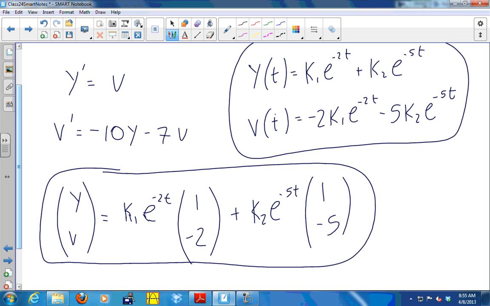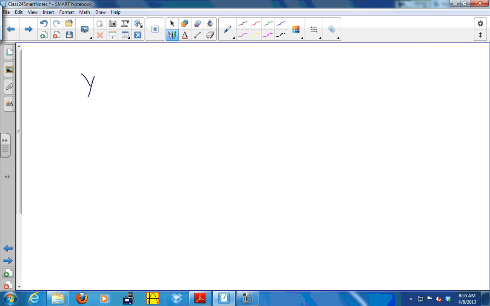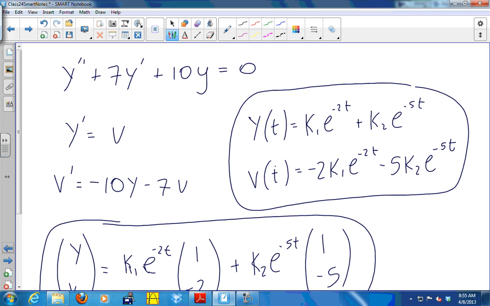Okay, because that's fine, but then your vector is, when you multiply, let's see, so you have y prime equals v prime equals -7.